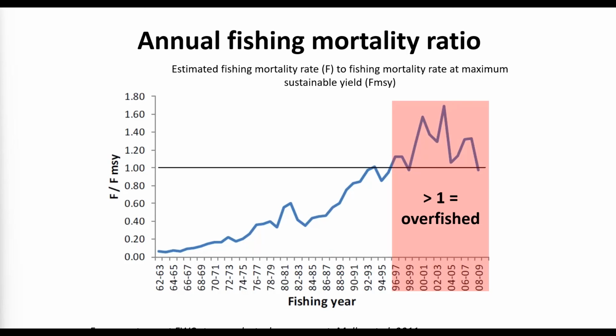And whenever this ratio becomes greater than 1, that's an indication that the population is likely overfished. And that's what we see here. We see that this fishery has been put on some stress since the early 2000s, and they are definitely experiencing some overfishing.